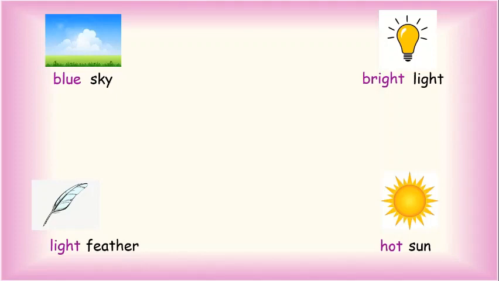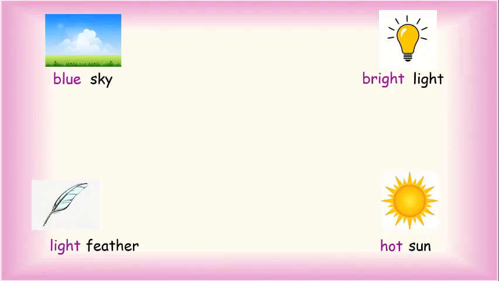Here, the naming words are sky, light, feather and sun. Now blue tells us the color of the sky. It describes the sky. Bright tells us how the light looks. It describes light. Feather is very light in weight.